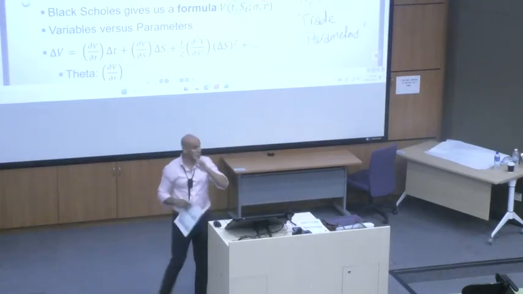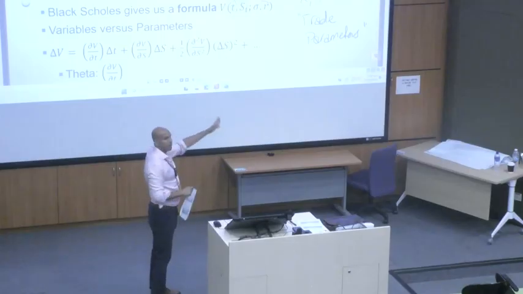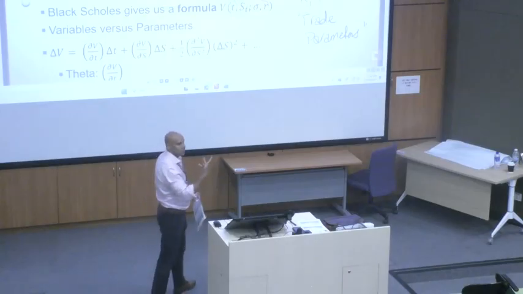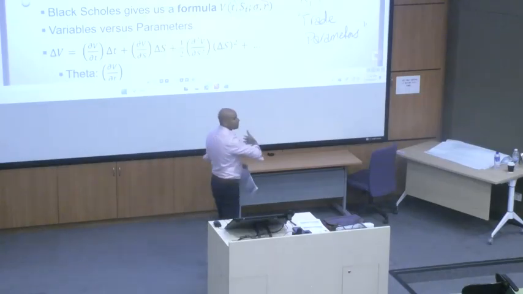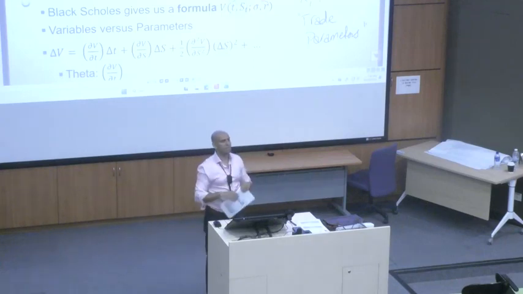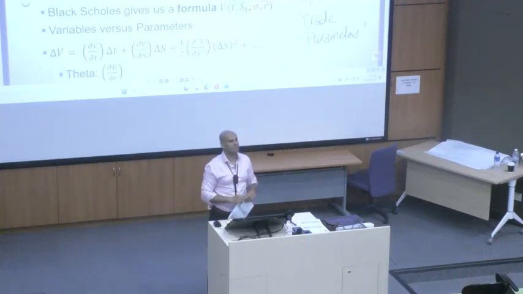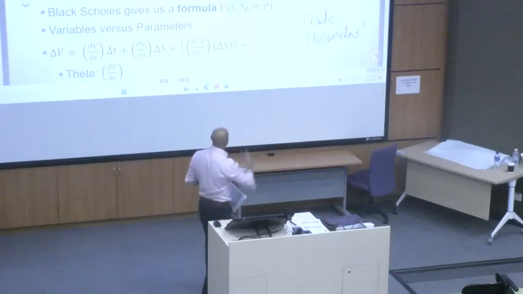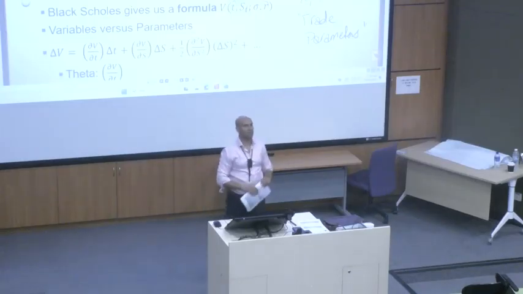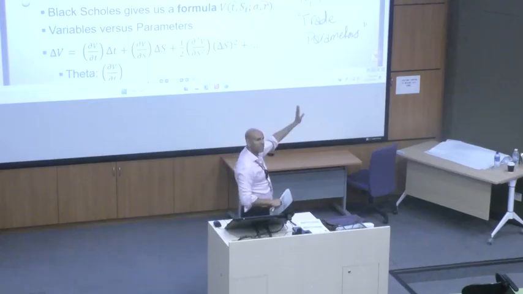If you're talking about a call option with 1 year expiry, strike 100, that's one call option. It wouldn't make sense to change K from 100 to 120 halfway through the life of the trade, right? Or you can't change T from 1 year to 5 years halfway through the life of the trade. These are trade parameters, they're fixed.